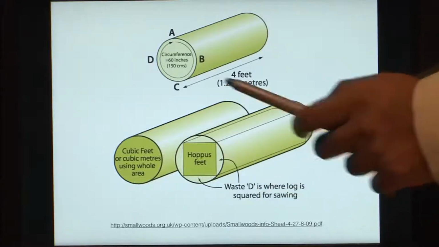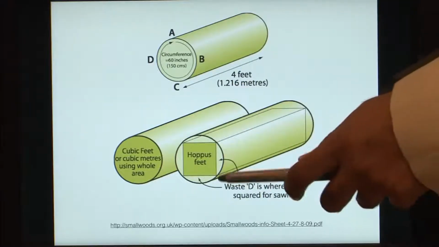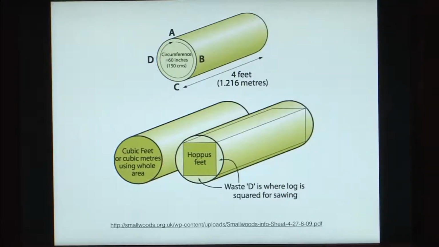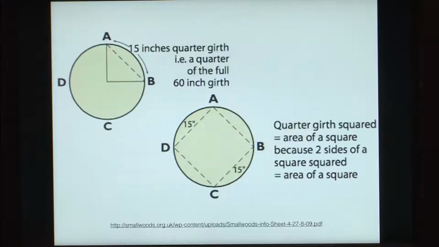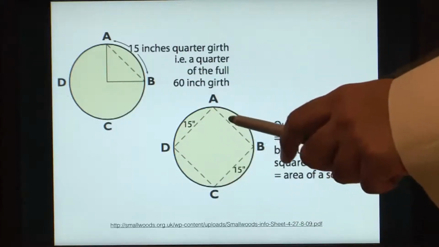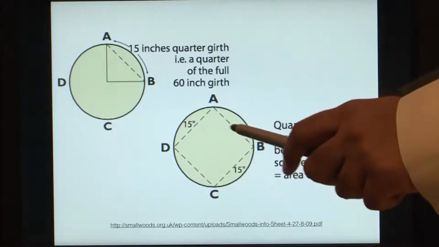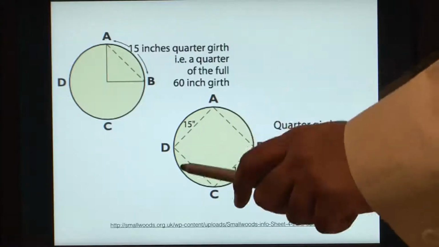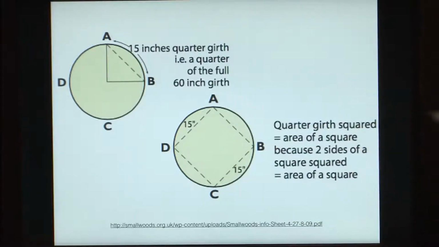It is also known as the Hoppus formula in Britain. When we are considering this Hoppus formula, essentially the circular cross section has been replaced by a squarish cross section whose edge is given by G by 4.